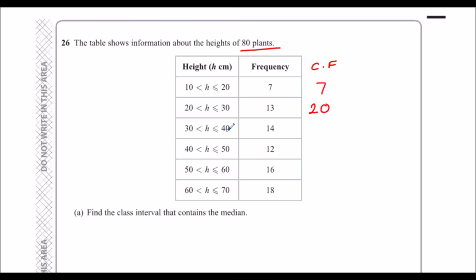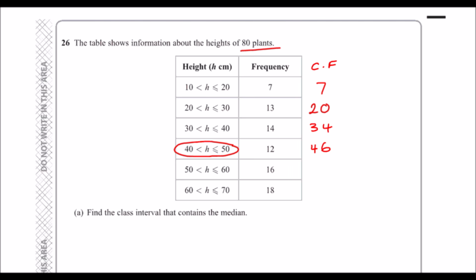Up to 40 centimeters, add on the 14, which is 34. And then up to 50 centimeters, we add on the 12, which will take us to 46. So the 40th and 41st plants are both in the 40 to 50 group.